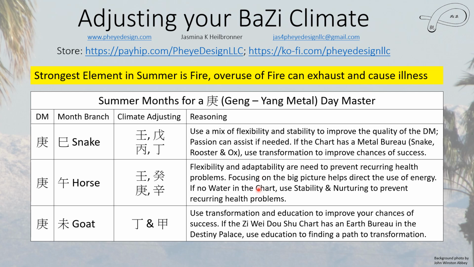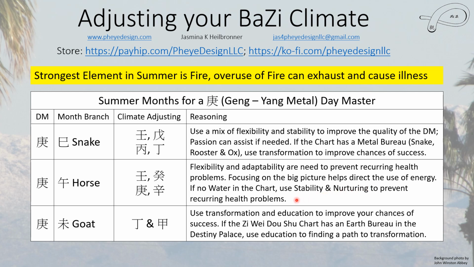Now, also, you want to focus on the big picture. This helps you direct your energy use to the proper part, because you're really good at focusing and not so good at the big picture. So here, you have to step back and look at the big picture.